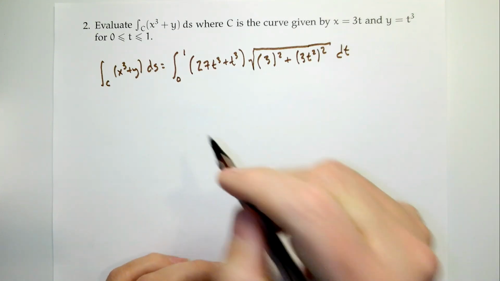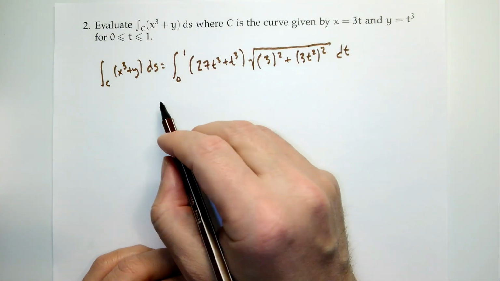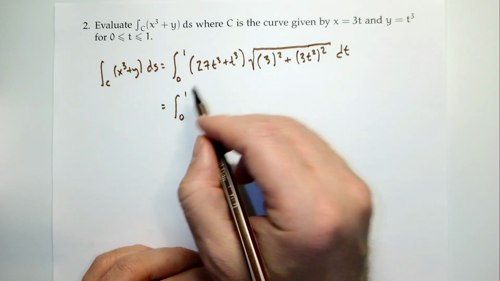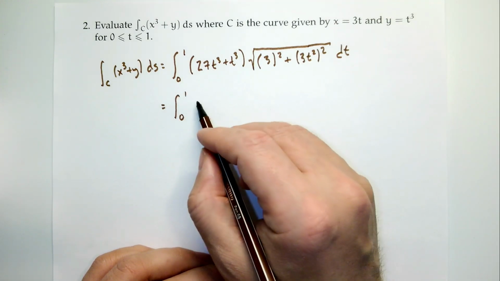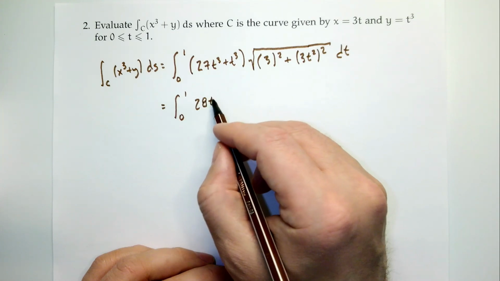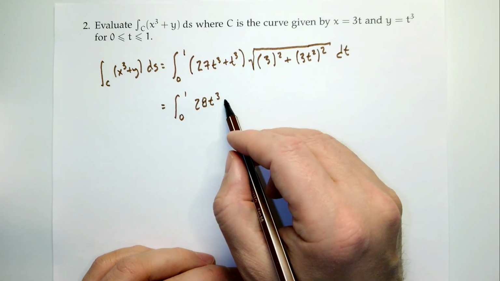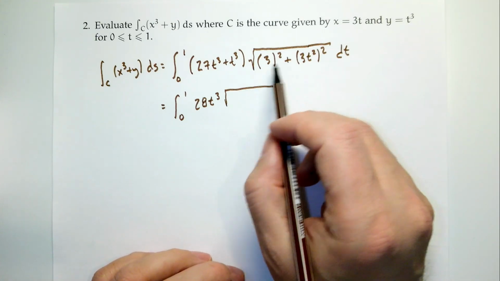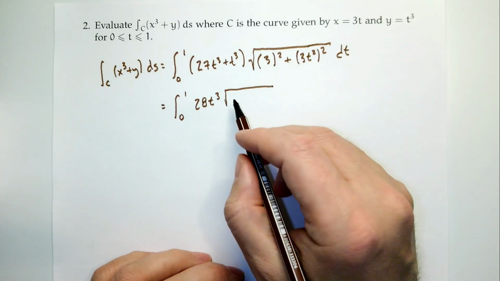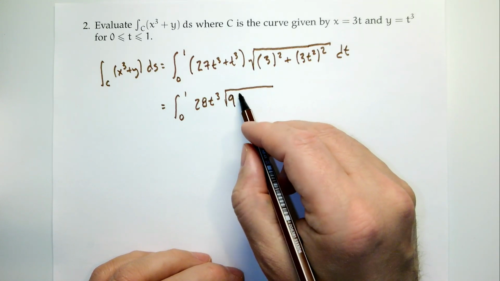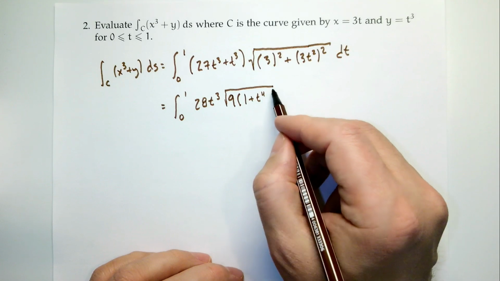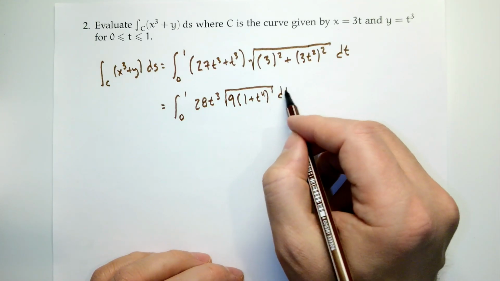Well, what do we have? Well, we can simplify some pieces here. We've got the integral of 0 to 1. These are both t cubed, so that's 28t cubed. Then we have the square root of, and here both terms have a 3 that's being squared, so I can factor that 9, that 3 squared is 9, times 1 plus t to the 4th dt.